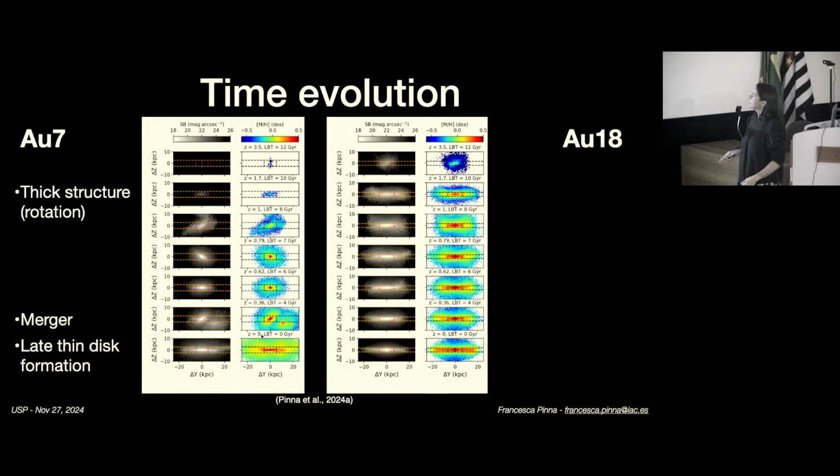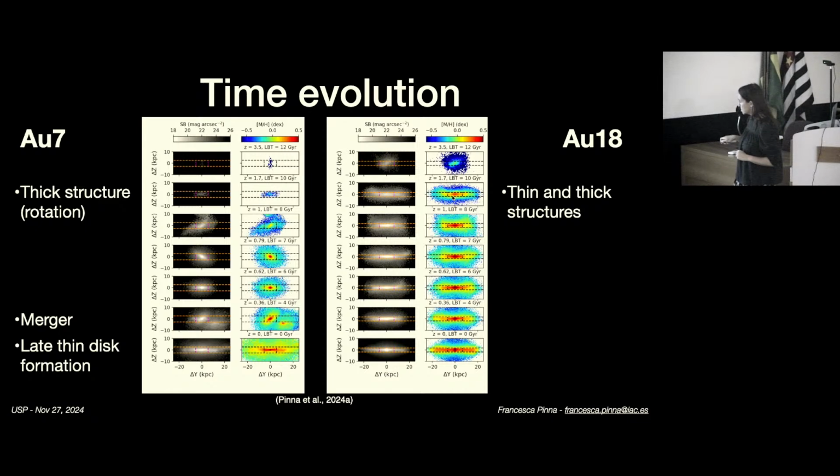For the other galaxy, the picture is very different. You can see that from the beginning, it has a much faster evolution. 10 gigayears ago, it actually has half of the mass formed, and it has a thin and a thick disk already in place. From that time on, this galaxy just evolves and keeps growing, especially the thin disk, which is growing inside out.